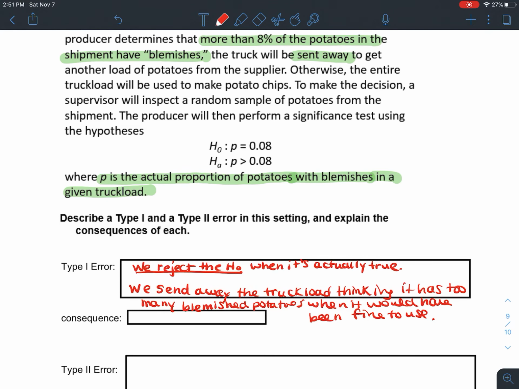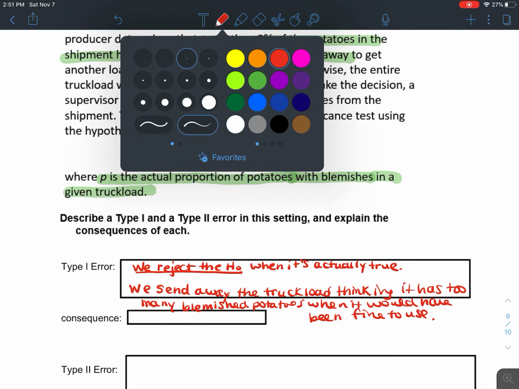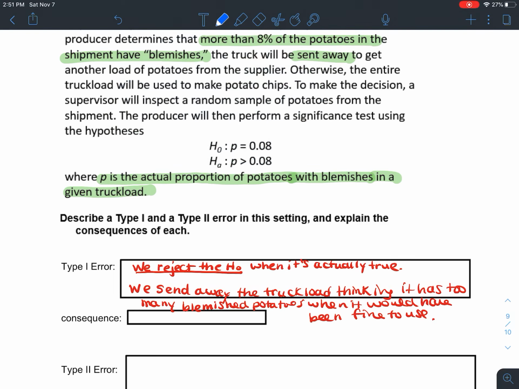So we're sending them away, saying there's too many blemished potatoes, when in all reality, it would have been completely fine for them to have used that truckload of potatoes to make potato chips.